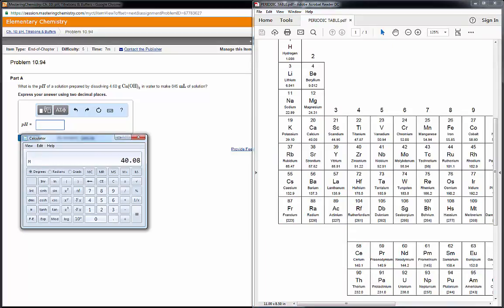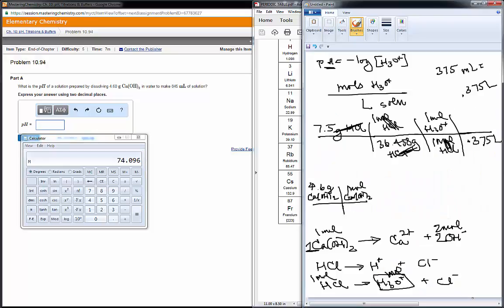So I've got 40.08 plus 2 oxygens and 2 hydrogens. That gives me a total molar mass of 74.096 grams. So I'm going to plug that in here. 1 mole of calcium hydroxide has 74.096 grams calcium hydroxide.